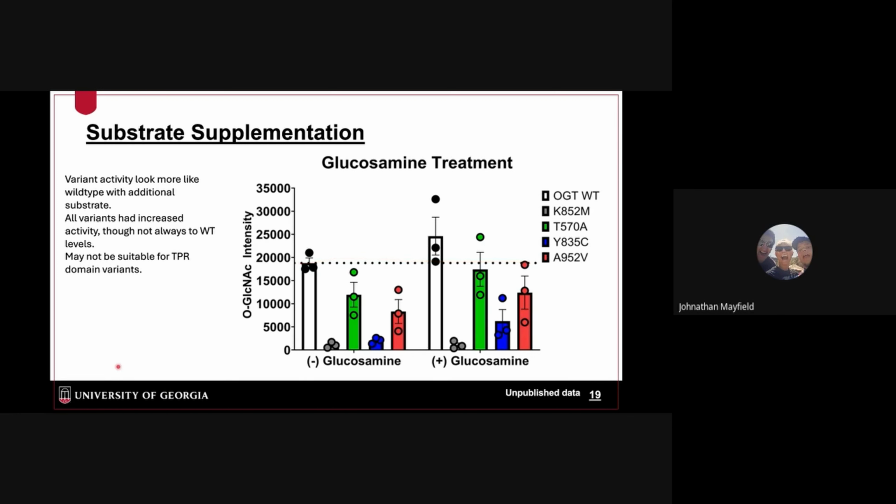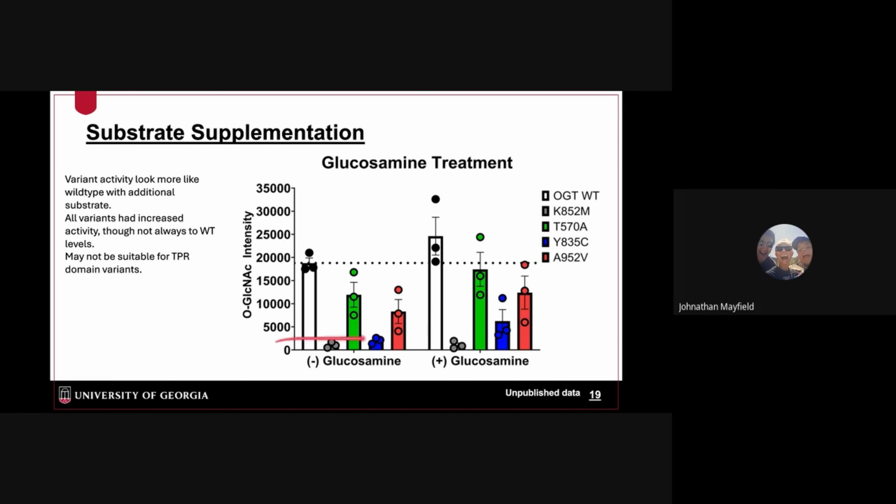We've tested several variants, and we've seen that we can increase the O-GlcNAc levels of these variants closer to wild type. But we want to point out that there are definitely some caveats. First off, this may not work for all variants, particularly variants that don't have a global defect in O-GlcNAc, like our TPR domain variants.